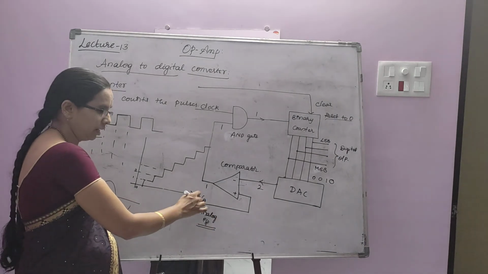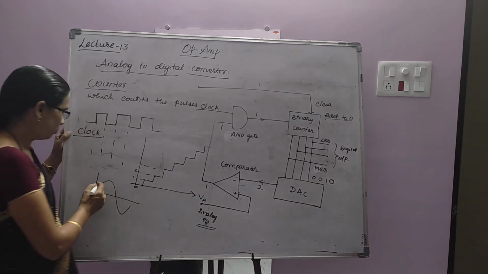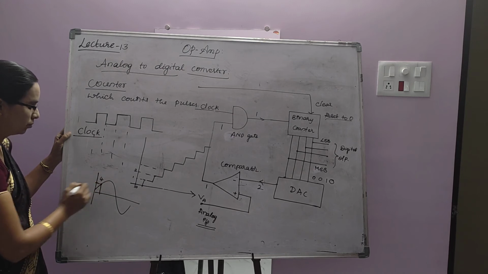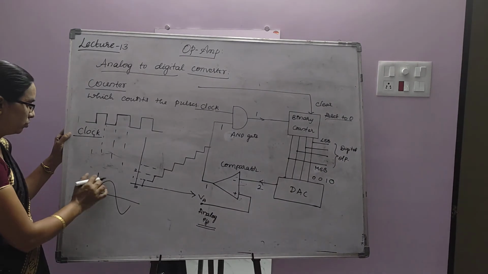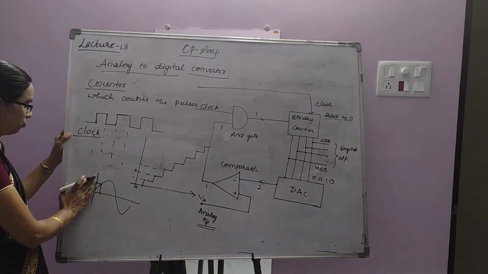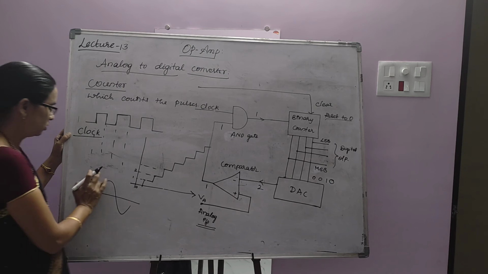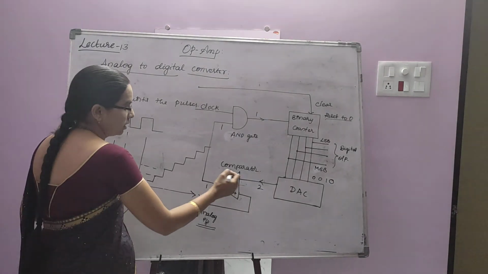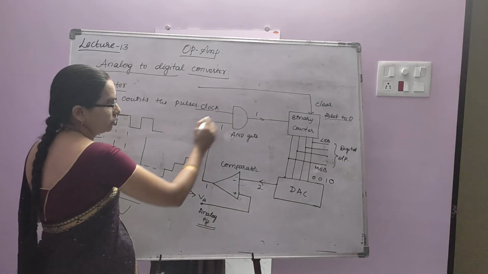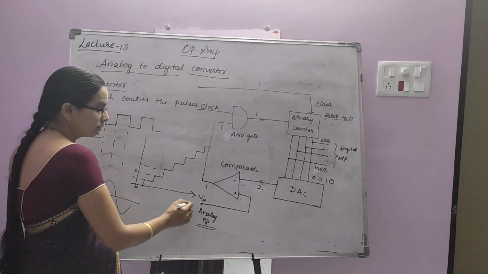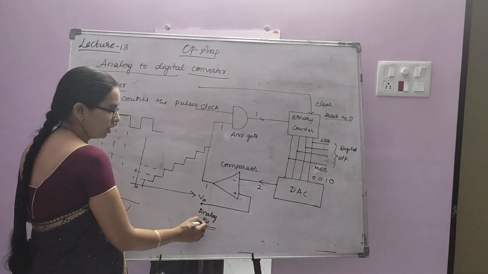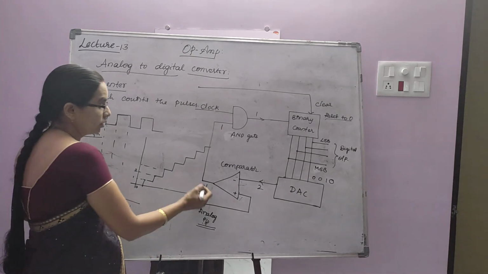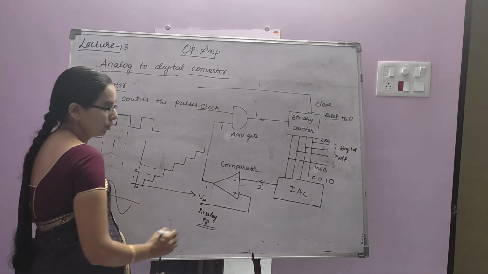Assume the input is somewhere around 4 volt or 3 volt, anything. Again it compares, and if it is again greater, it will give 1 as output. Likewise, until the analog input voltage is lesser than the output of the DAC, the comparator's output will be 1 only.